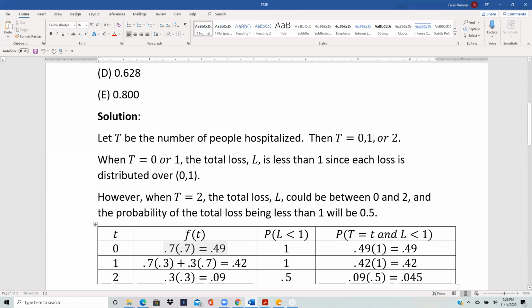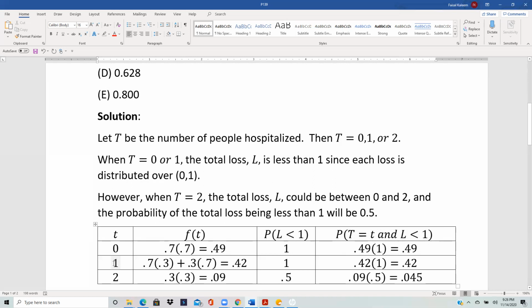And so "and" means multiplication. In this case, the probability of loss being less than 1 is 1. And therefore, the probability T is equal to 0 and loss is less than 1 equals 0.49.